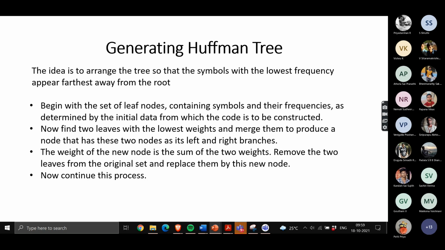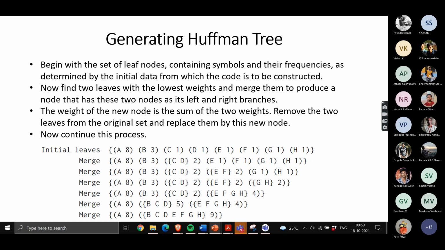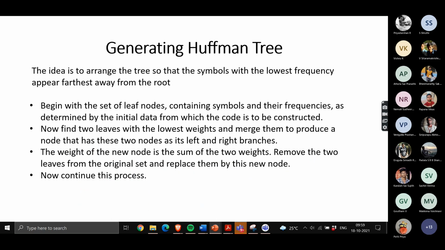Some of the symbols occur most often. If they are near the root node, we can wind up quickly, isn't it? So this is for saving time. But make a note that we are not going to generate an optimized Huffman tree, just a Huffman tree. Whether it is optimized or not, we are not going to check.